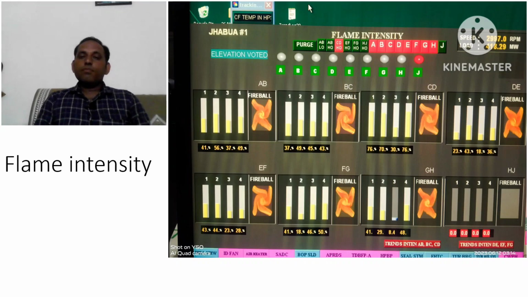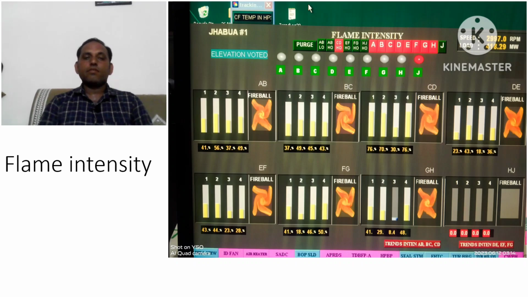In this diagram, you can see the flame intensity at different elevations. The flame scanners mounted at all these elevations send the signal to the FSSS, and a display is also available in the DCS for monitoring the flame intensity inside the furnace.